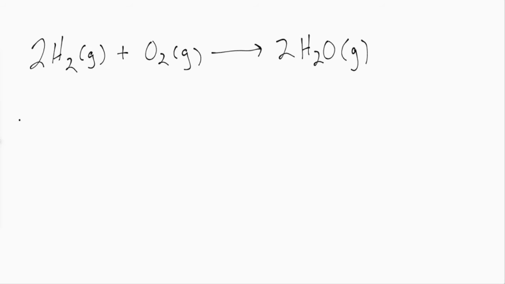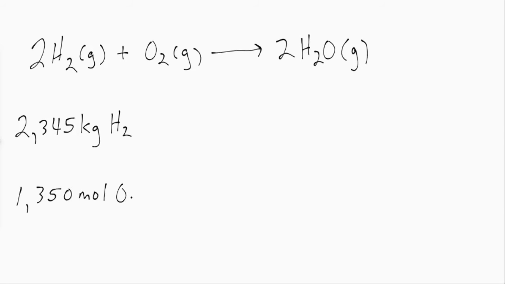Let's say we have 2,345 kilograms of hydrogen. We'll just say it's hydrogen gas. And we have 1,350 moles of oxygen gas.